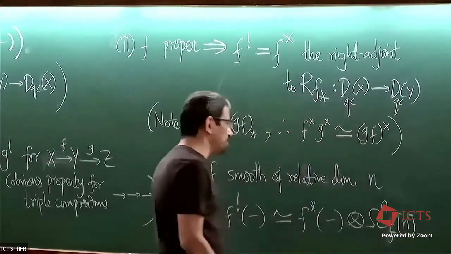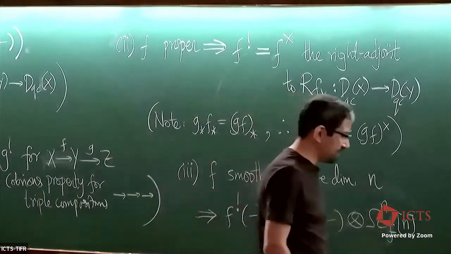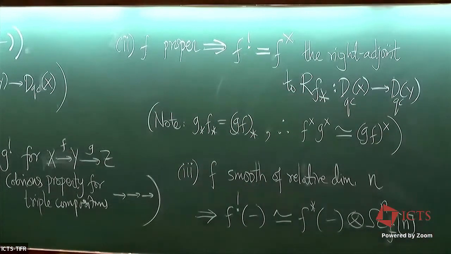Again, this is something similar to what happened in the duality, where we twisted it by the orientation sheaf. And here we will shift it by the module of differentials, the nth module of differentials.